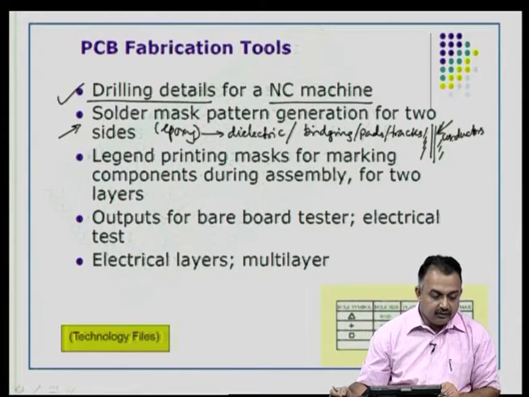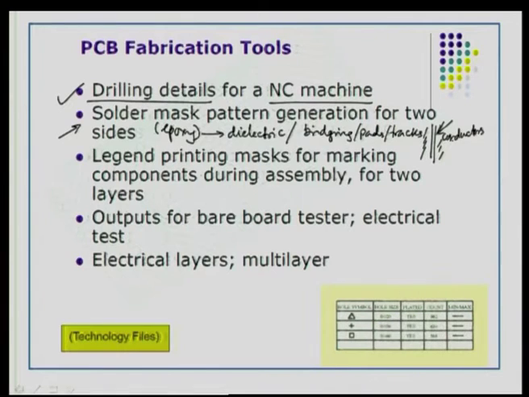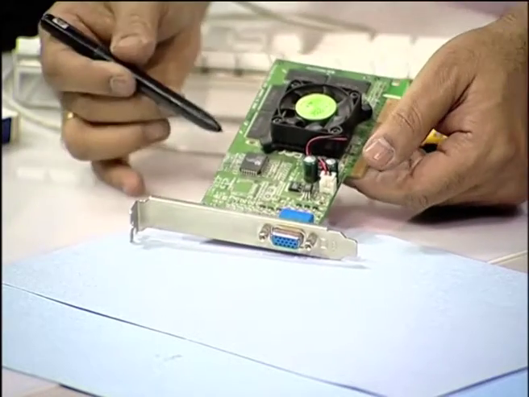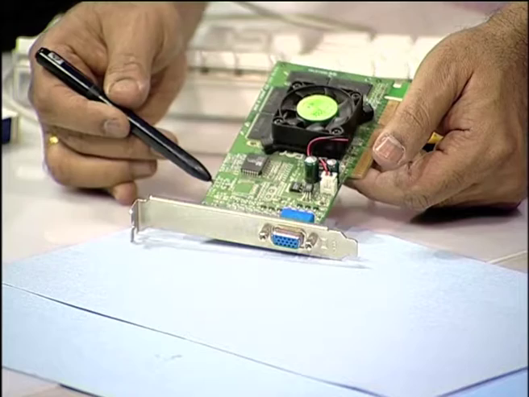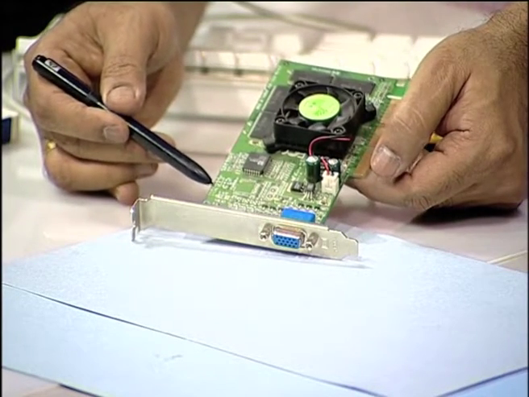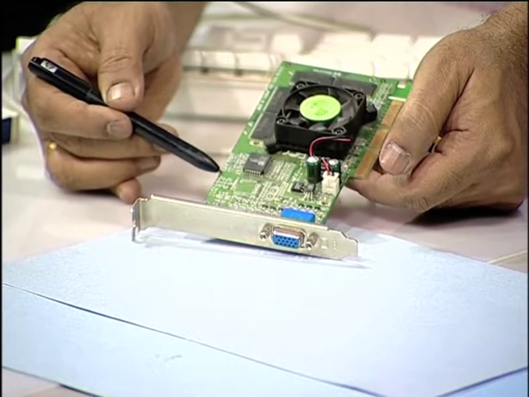The other thing that you will have to generate, or it is possible to generate using a CAD, is legend printing masks. If you look at a normal finished PCB like this, close to the assembly, the component marks, you will see white numberings being done that denotes the name of the component, the reference designation of the component and so on.